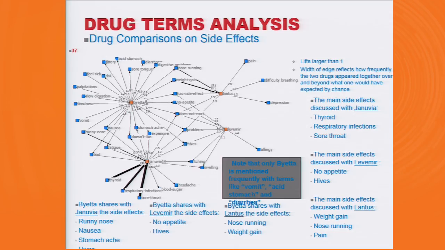Now you can take a few drugs and you can see which side effects are actually shared by multiple drugs. So you can really do a very nice market analysis just by looking at every possible graph that shows the connections between the drugs and the symptoms.